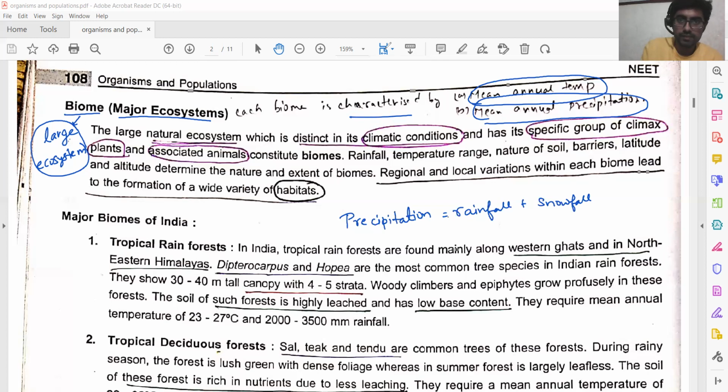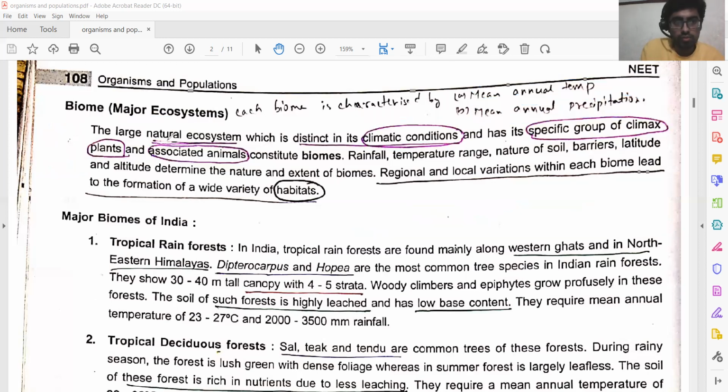Okay. Now, a large natural ecosystem which is distinct in its climatic conditions and has a group of climax plants and associated animals. I guess in the chapter ecosystem we have studied about climax community.